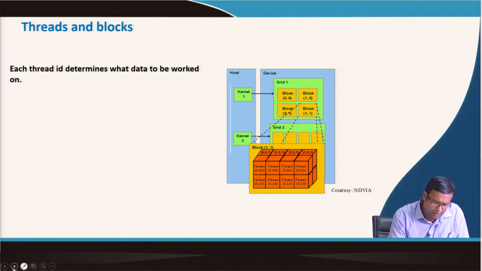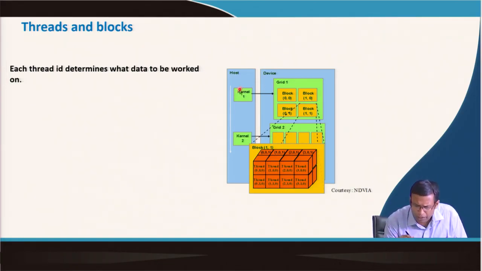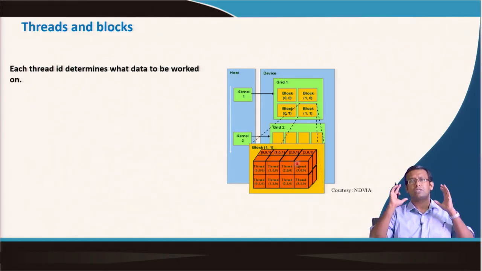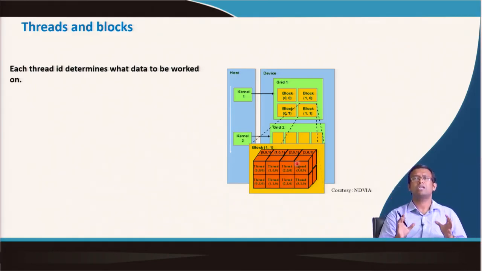Now, when a kernel is launched, it launches a grid, and inside that grid there are multiple blocks. Inside each block there are multiple threads. So when a kernel is launched, it launches thousands of threads, but these threads are not launched as a contiguous set. They are launched as parts of different blocks.